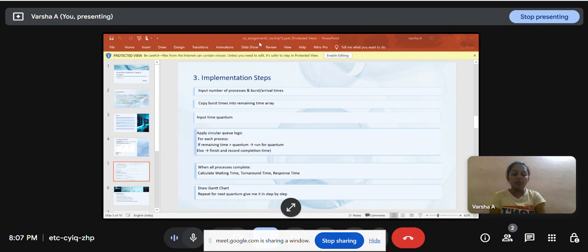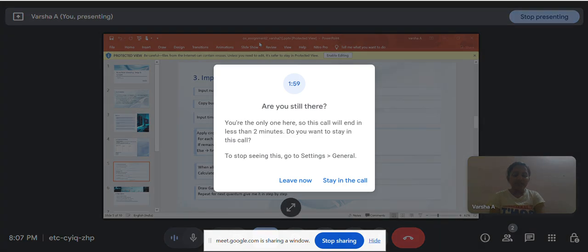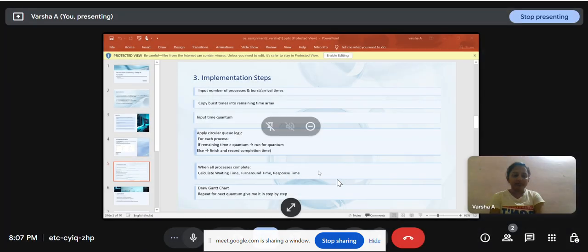We use circular queue logic to schedule processes. If a process's remaining time is greater than the quantum, it runs for one quantum and is then moved to the back of the queue.